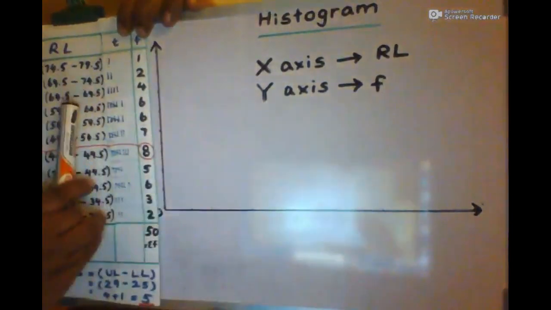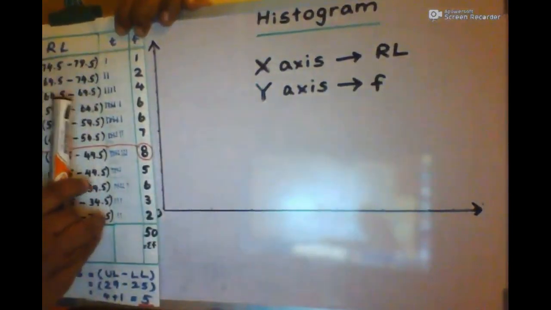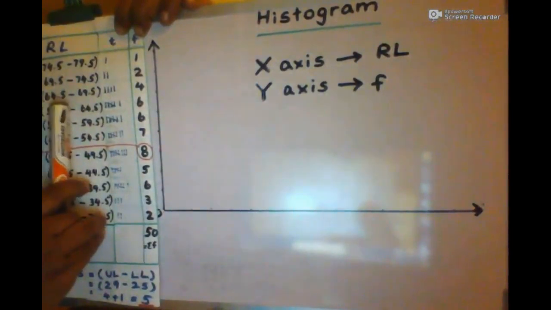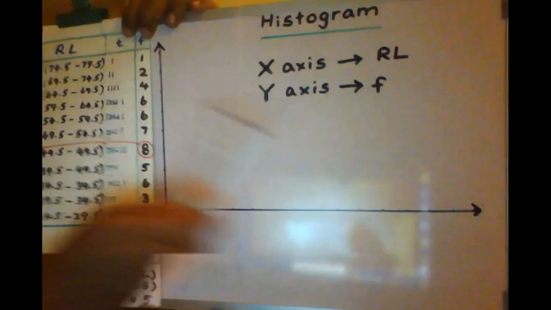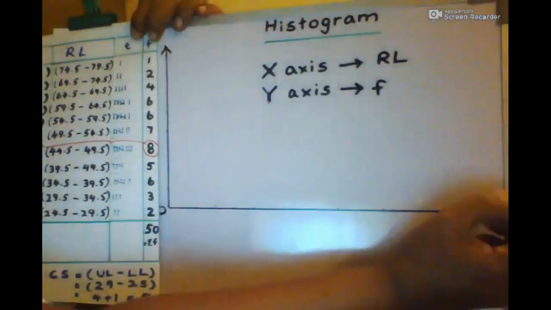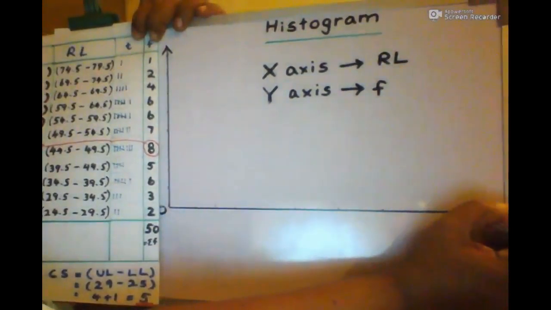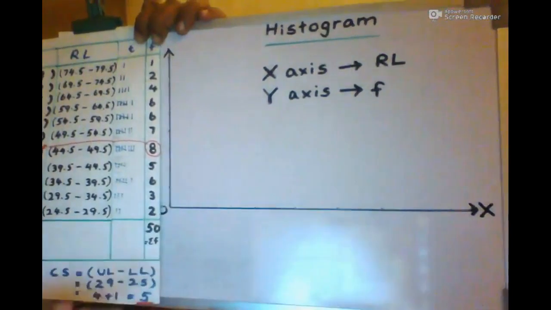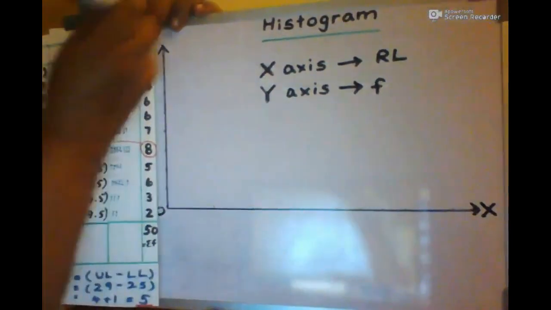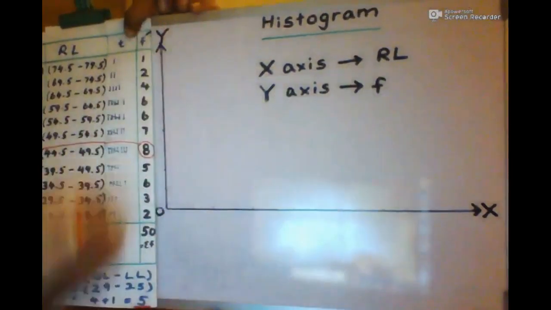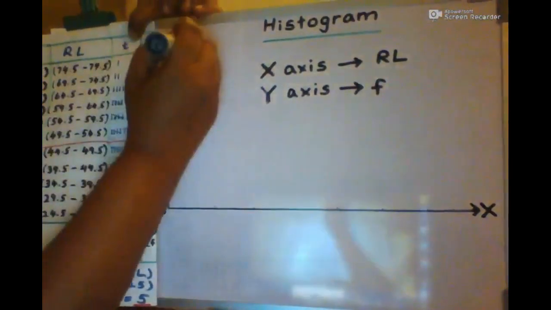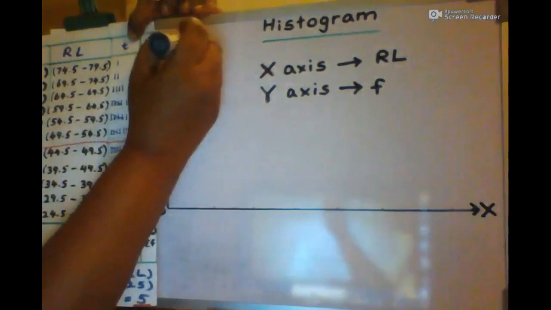Real limits are marks. These are not students. These are marks, so we'll have to take these marks on the x-axis. And on the y-axis, this one is our y-axis, we'll have to take the frequencies.